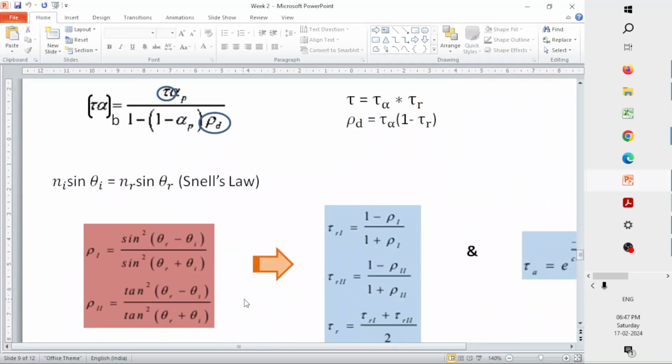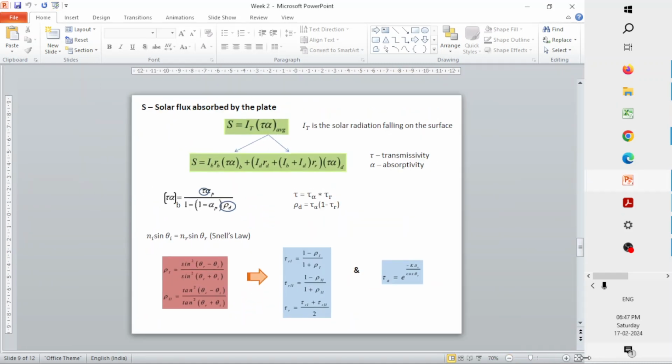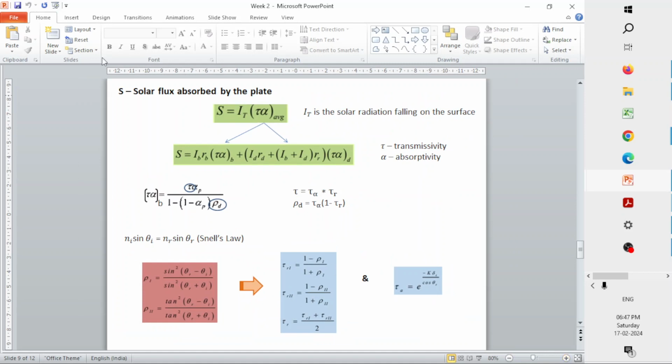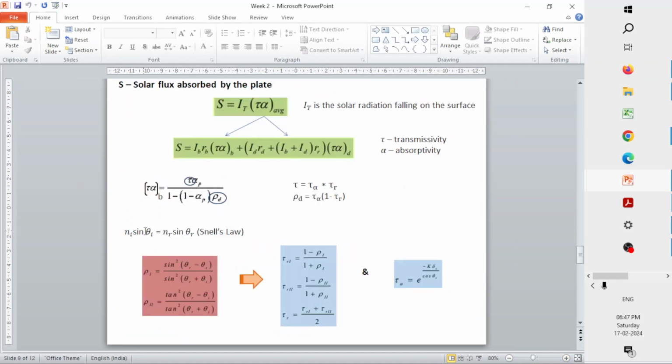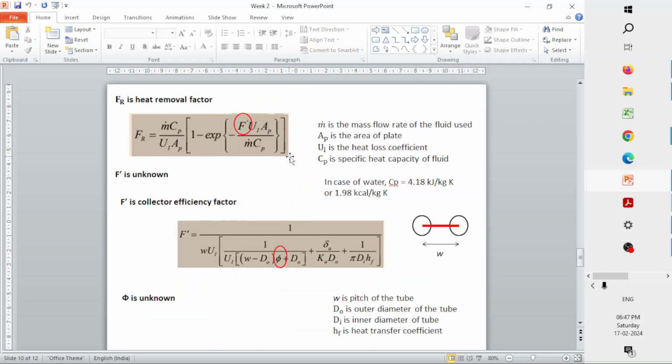Let me show in this slide. Let me just minimize it. Here you use Snell's law, take theta I for the diffusive radiation as 60, calculate the value of theta R, then put theta R in rho 1 and rho 2, the polarization components due to reflection and refraction, and then use that to calculate tau R1 and tau R2, then the final tau R, and then tau alpha.